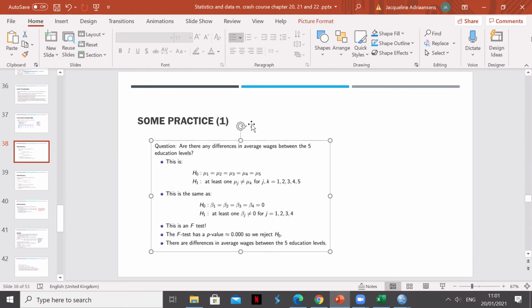It isn't a partial F-test either, because we have the entire model being the education levels and there is nothing beside it. So it is testing the entire model. If it is testing the entire model, then it must be an F-test, right? Because an F-test measures if all or any of the variables are statistically significant.